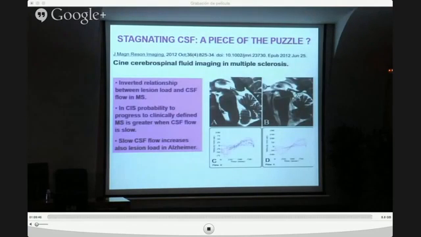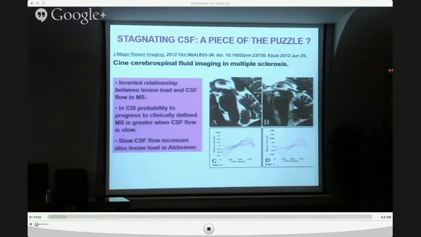Is stagnating CSF an important piece of the puzzle? There is an inverse relationship between lesion load at MRI in MS cases and CSF flow velocity. This was published 2 years ago in the Journal of Magnetic Resonance Imaging, but it is probably more interesting in clinically isolated syndrome, which is sometimes the onset of MS, and about 50% of people do not proceed to clinical episodes.